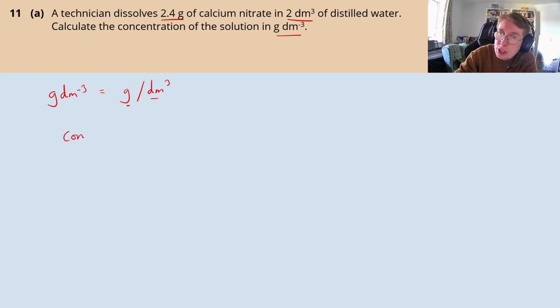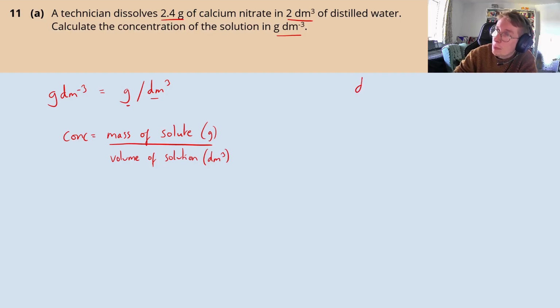So concentration can be calculated by taking the mass of whatever you're dissolving. The word we use to describe something that's being dissolved in a solvent is the solute, and that's in grams, and we're dividing that by the volume of the solution that you're going to end up with, given in decimeters cubed.